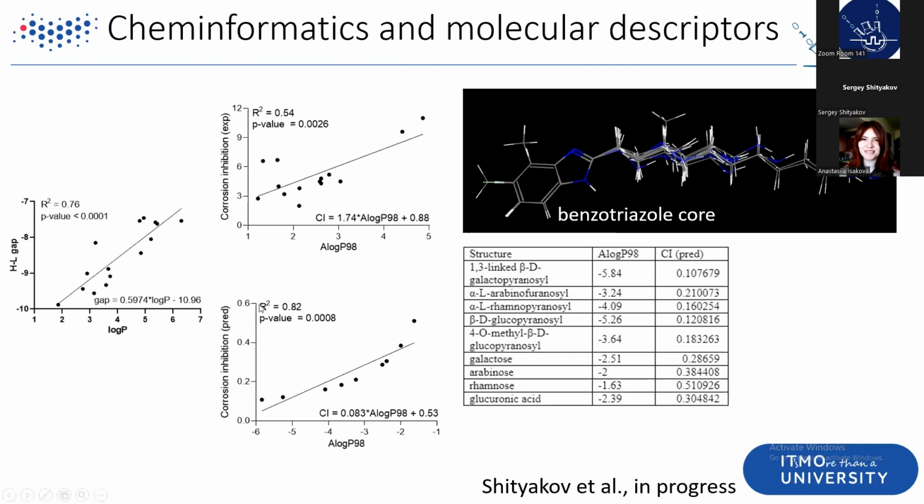in terms of effectiveness. So we tried to combine the information derived from the experimental inhibition of our substances, and we were trying to integrate this information to predict the corrosion inhibition.